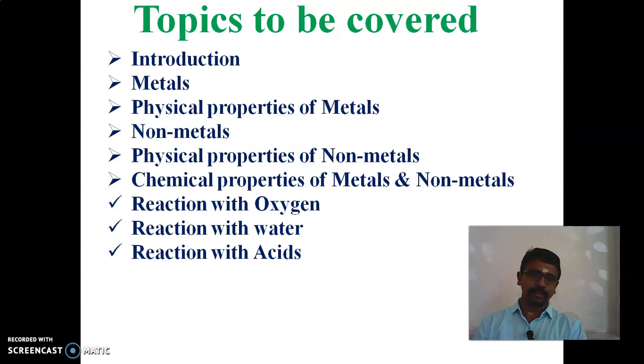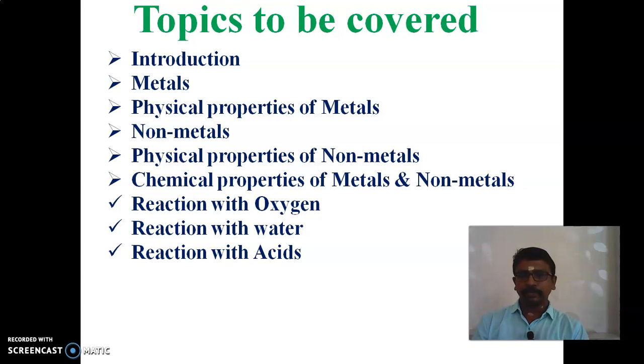How can we identify an acid, children? It's very easy. When we dip blue litmus paper in the acid, it turns red. From that we can easily identify acids.